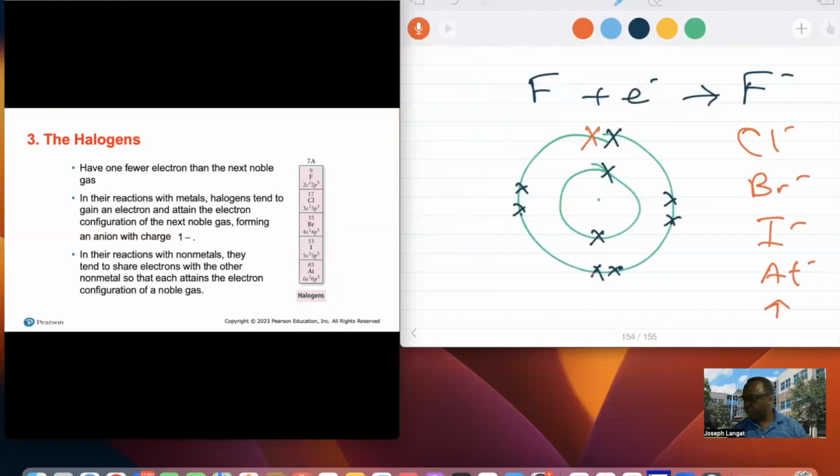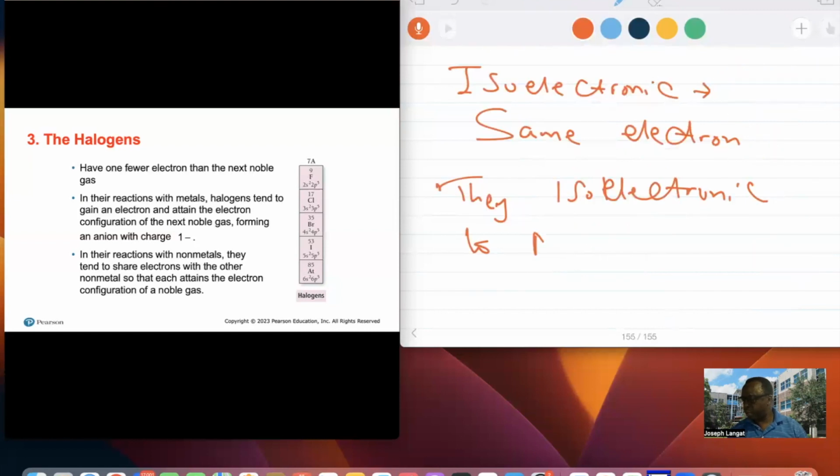These are right here, fluorine right here. This alone is isoelectronic to neon. Fluorine is isoelectronic to neon.